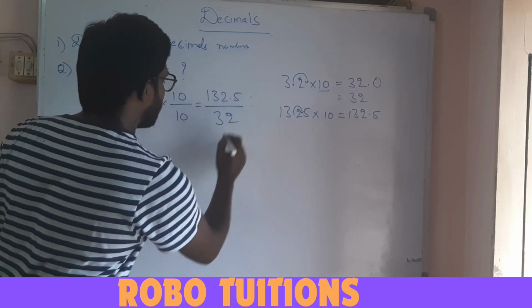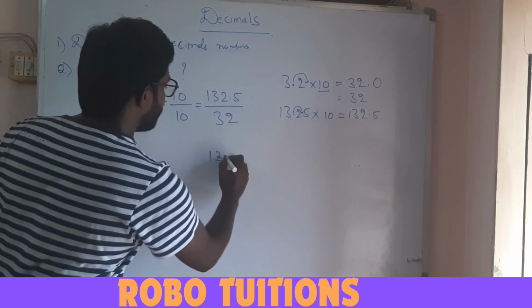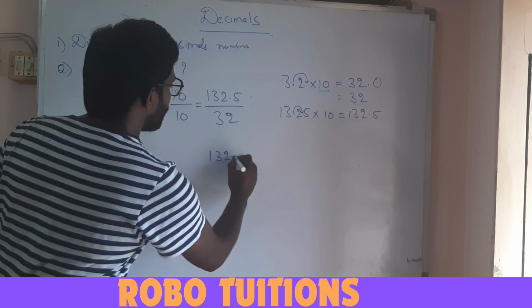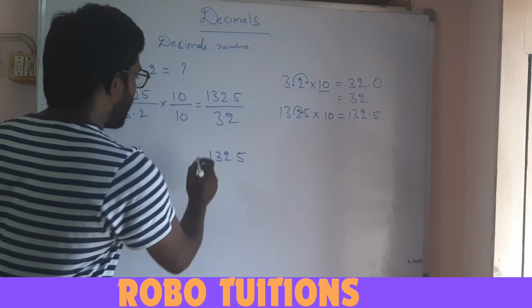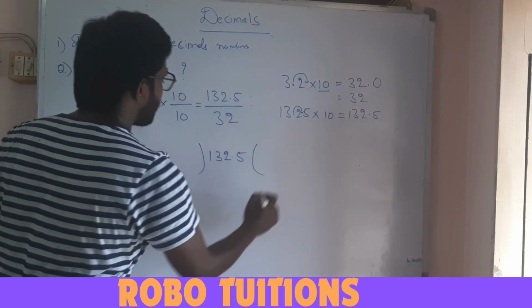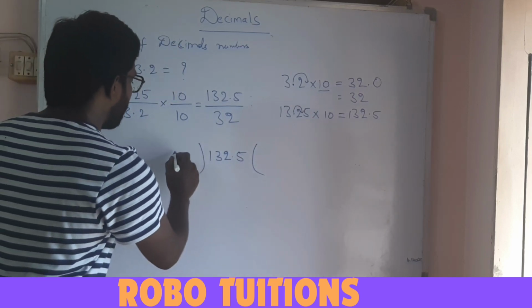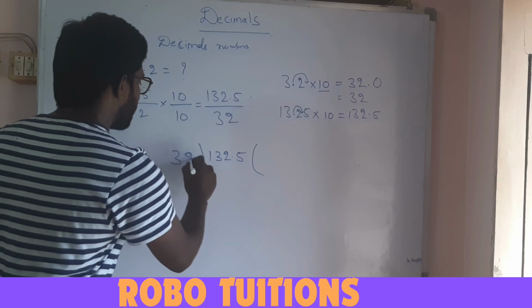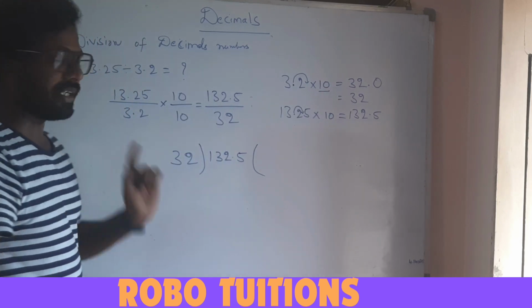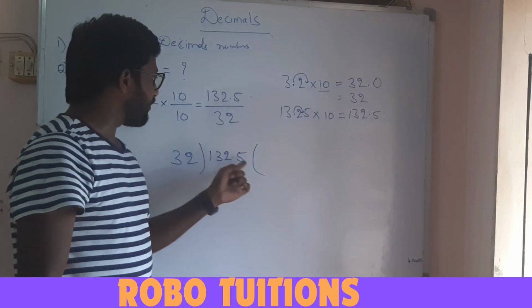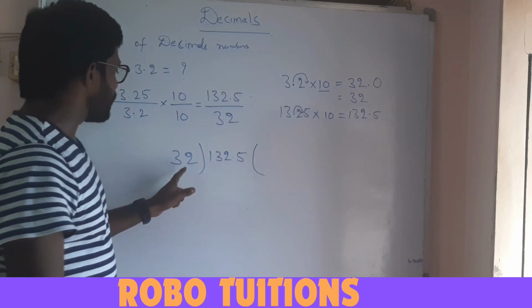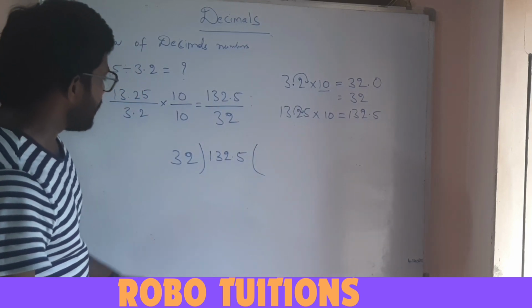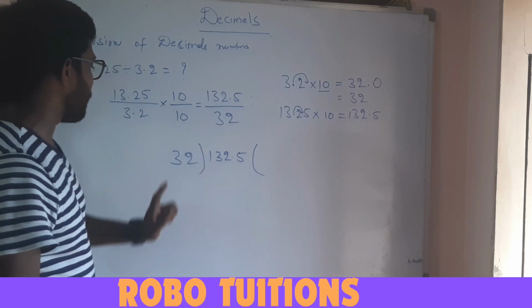Now the division starts here. The number in the numerator is the dividend, and the number in the denominator is the divisor. So 32 is the divisor here, and 132.5 is the dividend. Just take the 32 table. Here the number 132 is there.